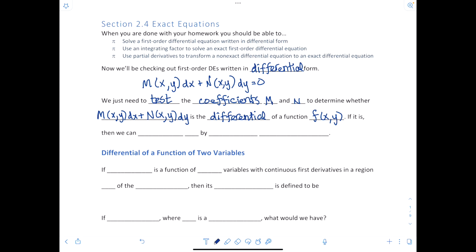If it is, then we can construct some function f by partial integration.